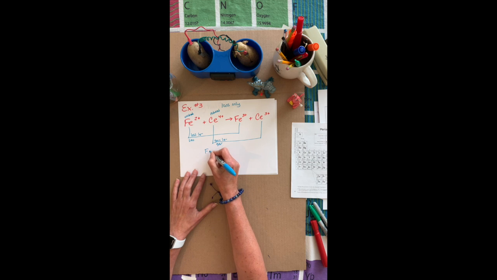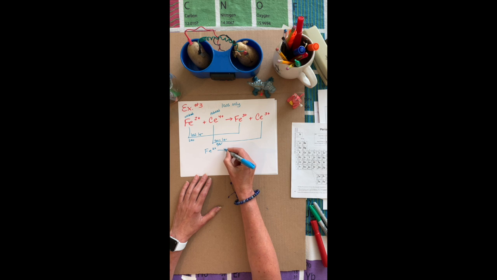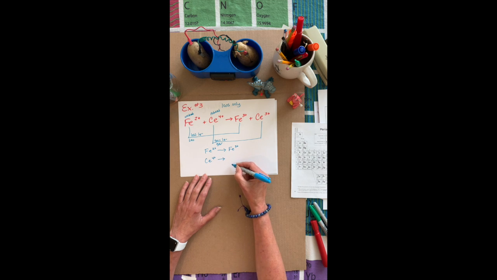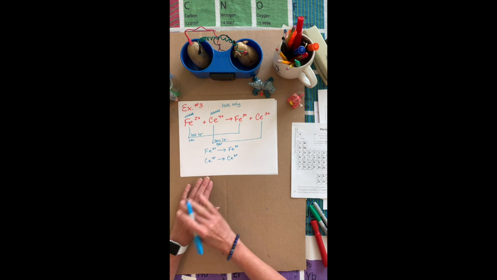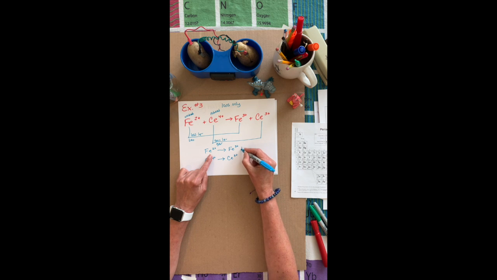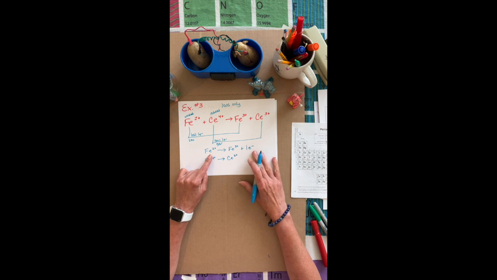Let's write the half reactions for that. We just take our iron 2 plus. It became iron 3 plus. Our cerium 4 plus became cerium 3 plus. Iron lost 1 electron, so I'm going to write it on the right-hand side.